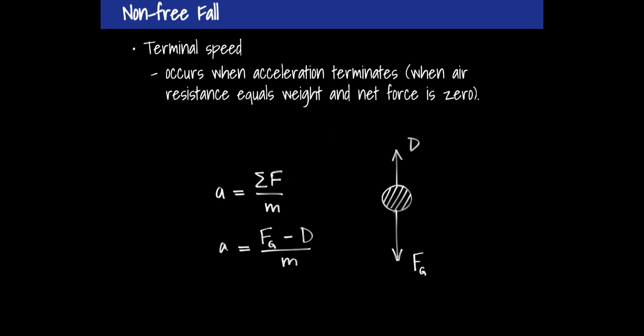Non-free fall motion. So now, using Newton's second law, if I'm clever enough to figure out what sigma f is, which, by the way, turns out to be the whole problem, if I'm clever enough to figure out what the net force is, then I can predict how much acceleration I should expect in any given physical situation.